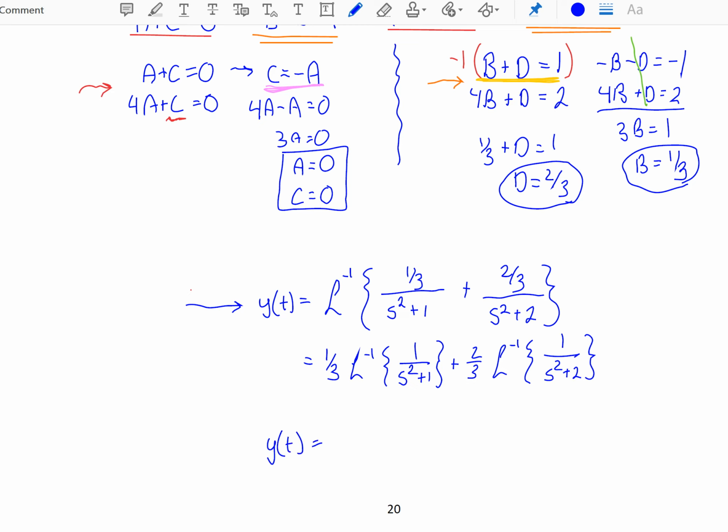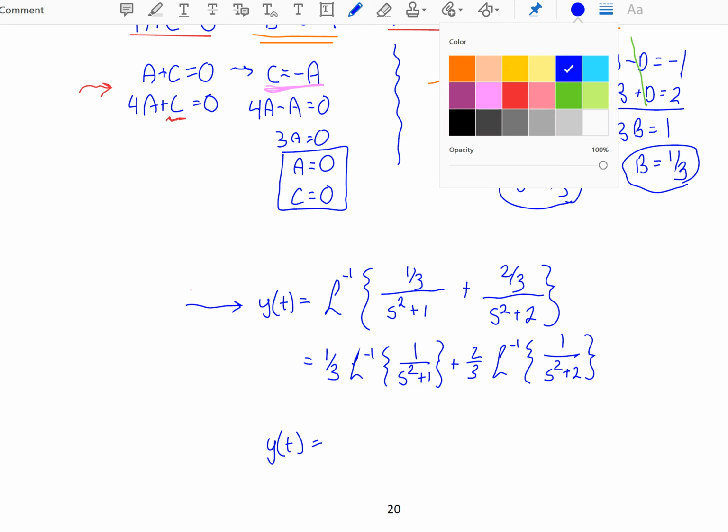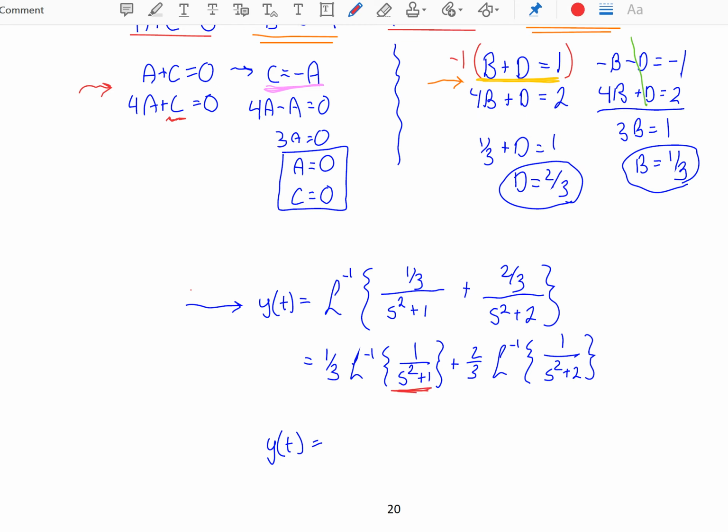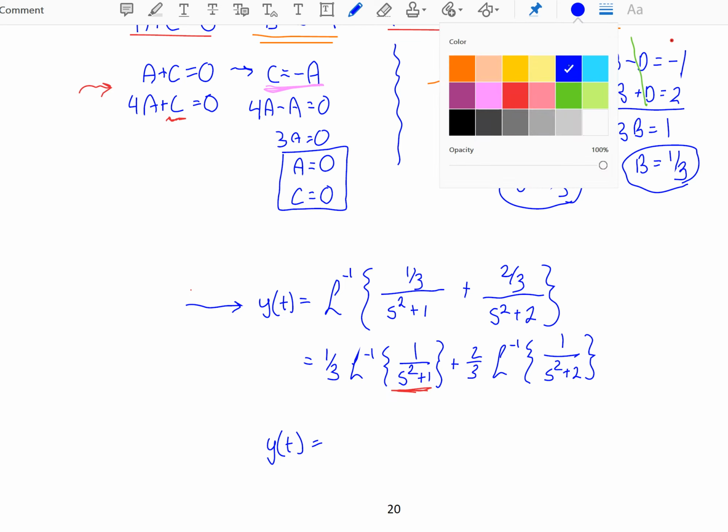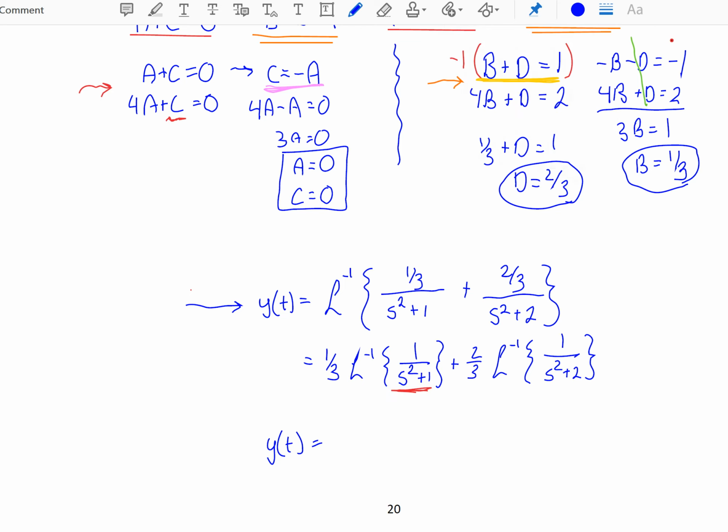Now, using our table of Laplace transforms, we want to recognize that the inverse Laplace of 1 over s squared plus 1 is going to be the sine of t. So this will give us 1/3 sine of t plus 2/3, and similarly the inverse Laplace of 1 over s squared plus... plus 2 or plus 4?